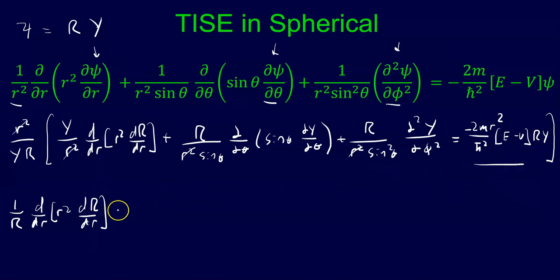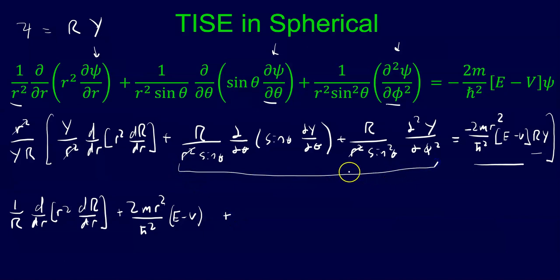Now I'm going to bring this piece over, and since it's on the other side of the equation, I'll do that by just incurring a positive sign. So 2m r squared over h bar squared, E minus V. And when I divide through by Y times R, these two cancel, and so I get nothing over there. And over here, of course, the Y cancels, and I get the R left on the bottom. And with the two angular pieces, of course, the opposite will happen.